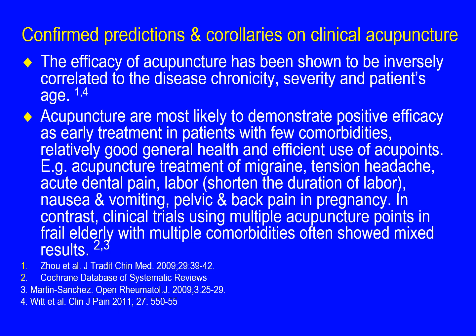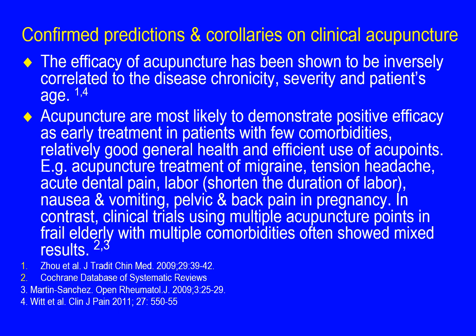So acupuncture is most likely to demonstrate positive efficacy as early treatment in patients with few comorbidities, relatively good general health, and with efficient use of acupuncture points. For example, in acupuncture treatment of migraine, tension headache, acute dental pain, labor, that is shortening the duration of labor, nausea and vomiting, pelvic and back pain in pregnancy.